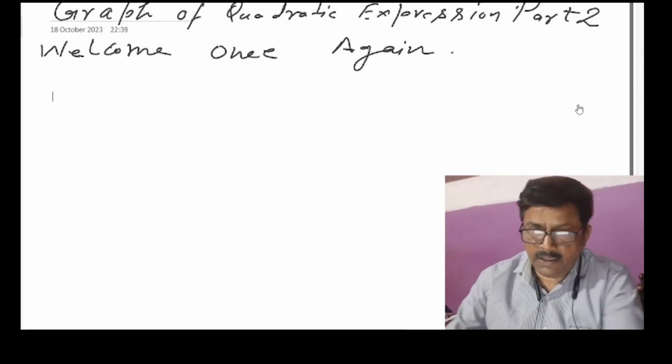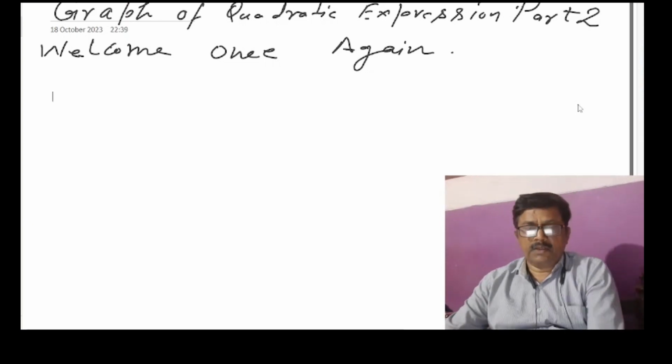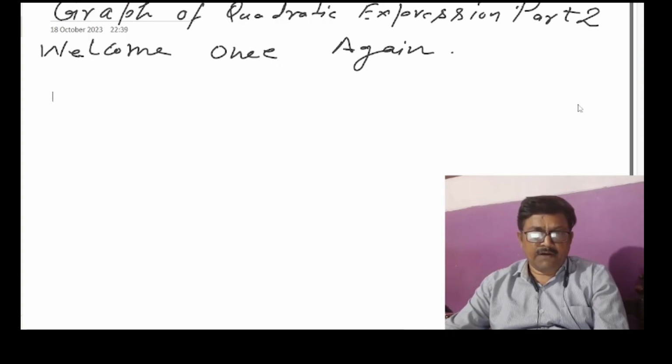As we have discussed, the graph of a quadratic expression is a parabola whose vertex is minus b upon 2a, comma, minus d upon 4a.